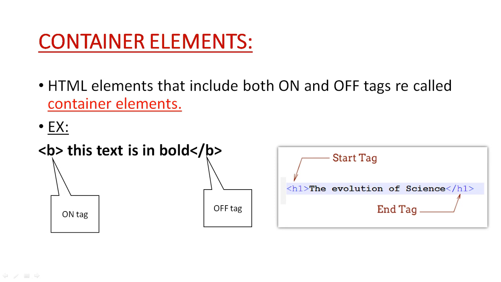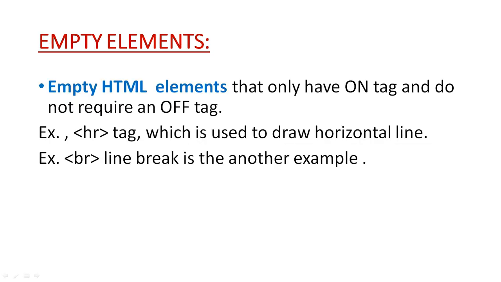text is in bold. Okay, so this is the starting tag. The on tag is the B between the two brackets, and the /B is the off tag between these two brackets at the end of the sentence. Now, as I told you, we also have empty HTML elements, which have on tags but do not require off tags.